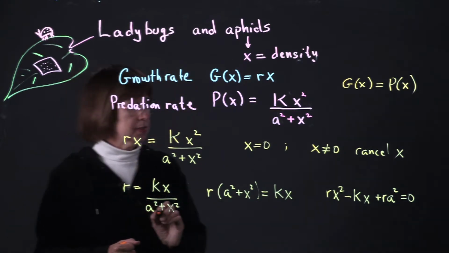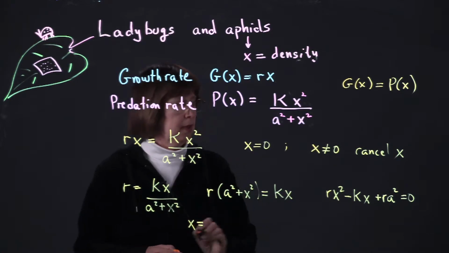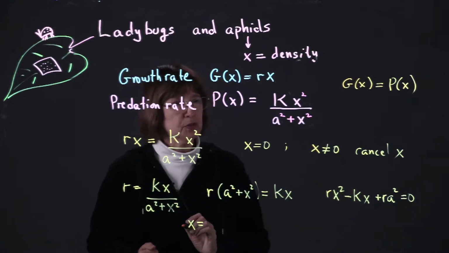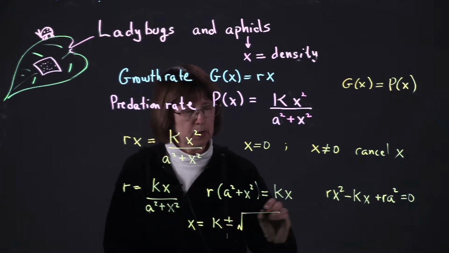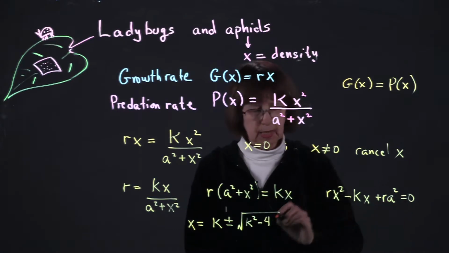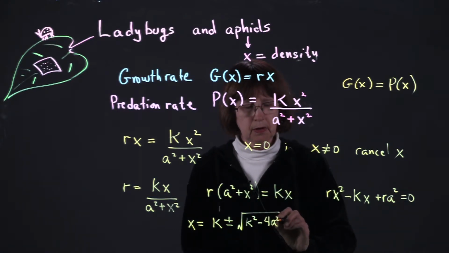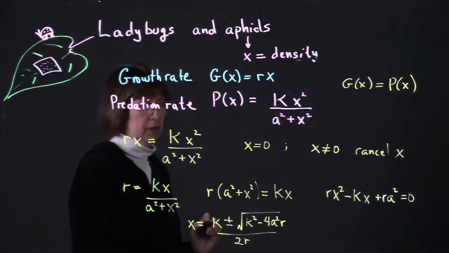And the solution to this equation is going to be of the form x equals the negative of this quantity, which makes it a positive k, plus or minus the square root of k squared minus 4 times a squared and r squared, and then divided by twice this coefficient, which is r.